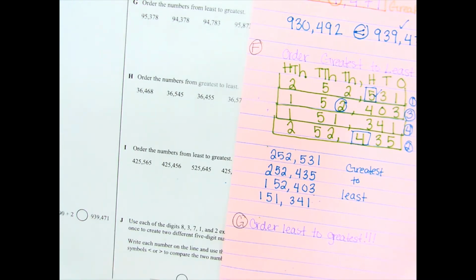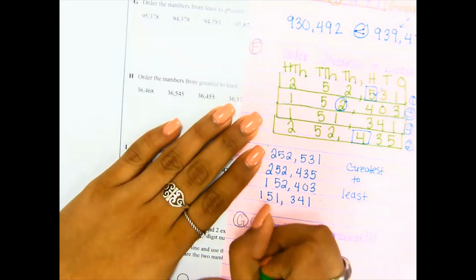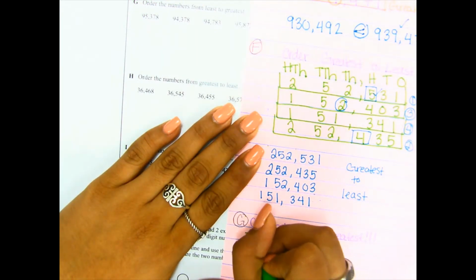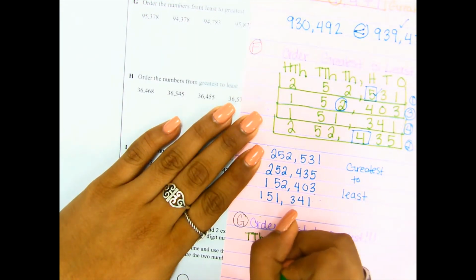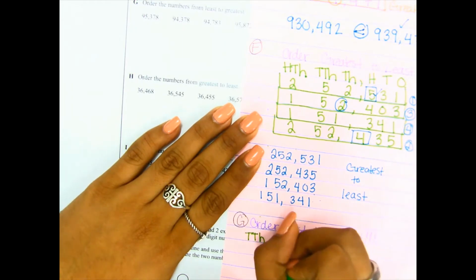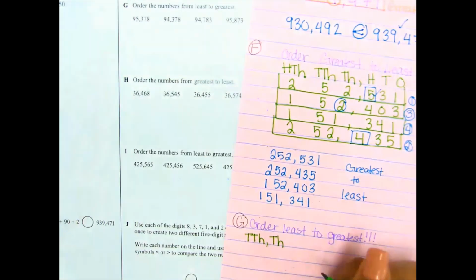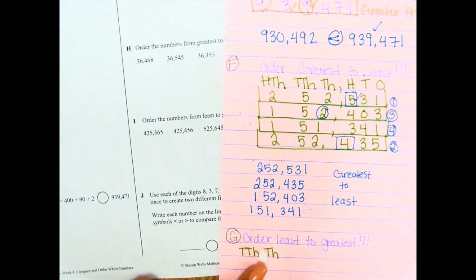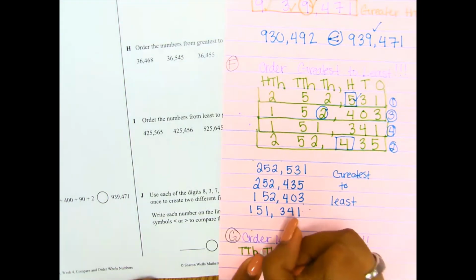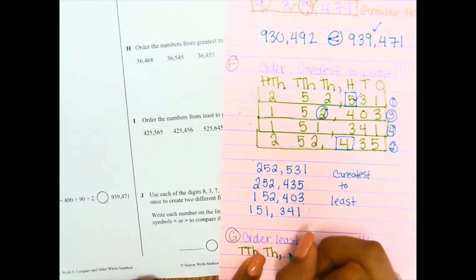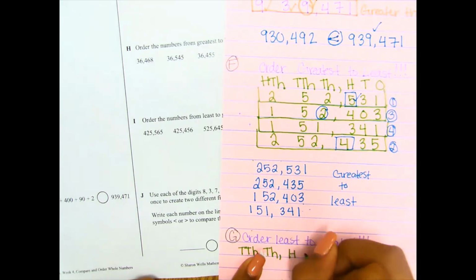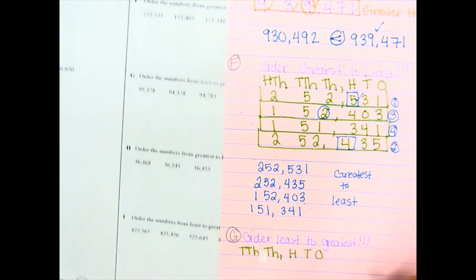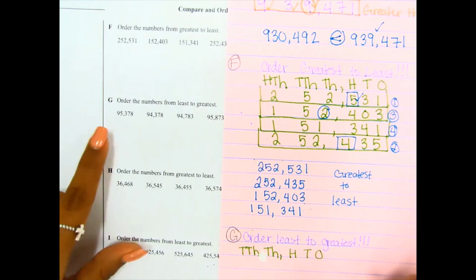Here, this is my 10,000s place, my thousands, and then my comma. And then I have my hundreds, tens, and 1s. So I'm going to write down my numbers on letter G exactly how I see them.